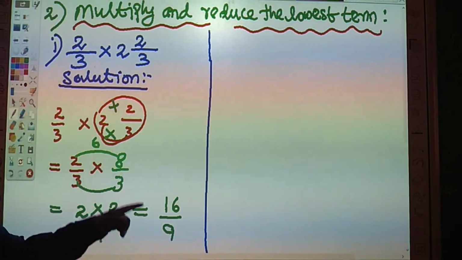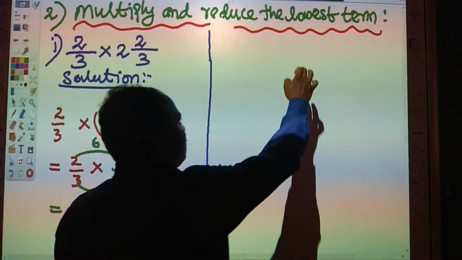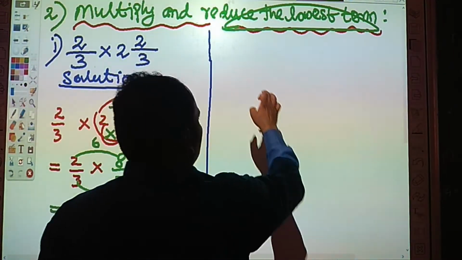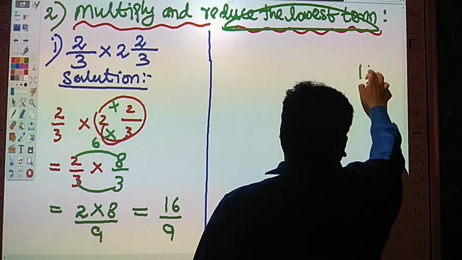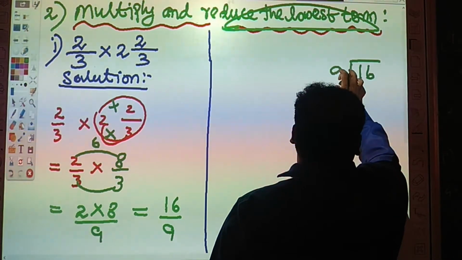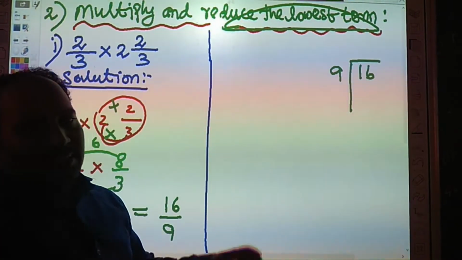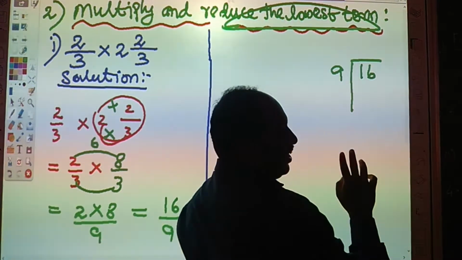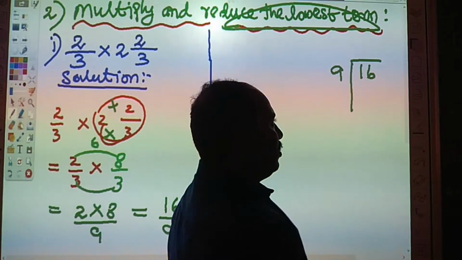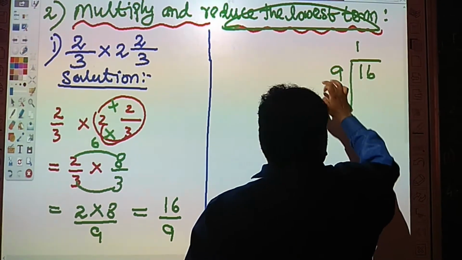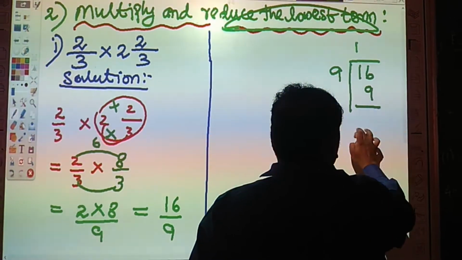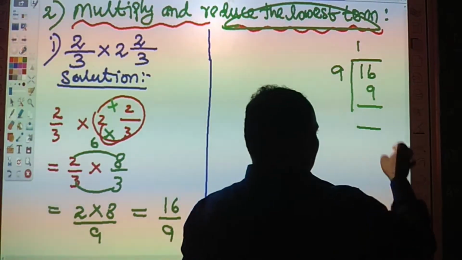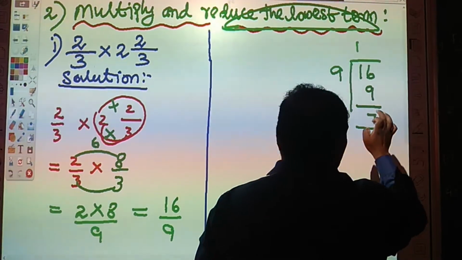We want to make it a mixed fraction because the question says reduce to the lowest term. 1 nine is 9, 2 nines are 18, but here we only have 16. So 1 nine is 9, and 16 minus 9 is equal to 7.